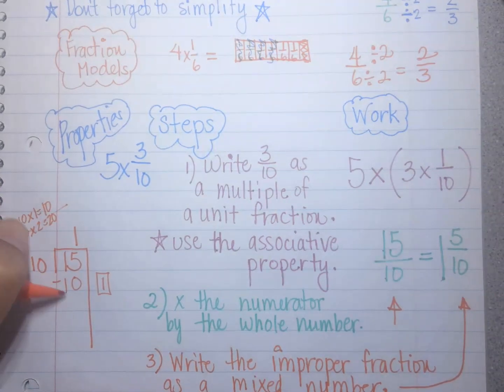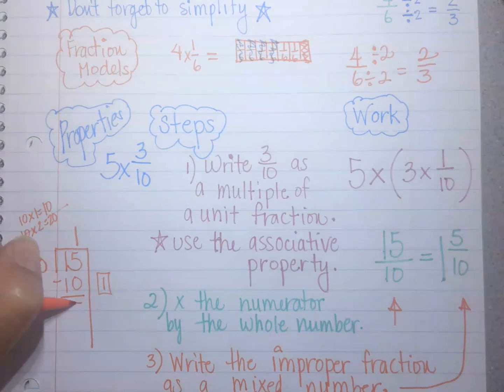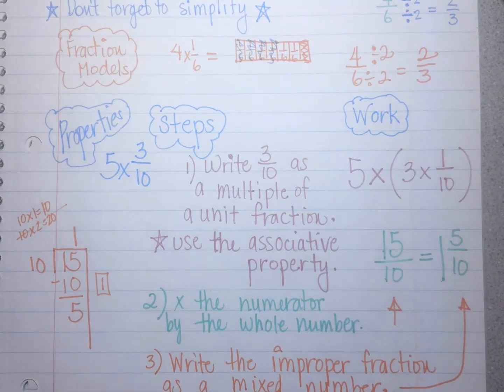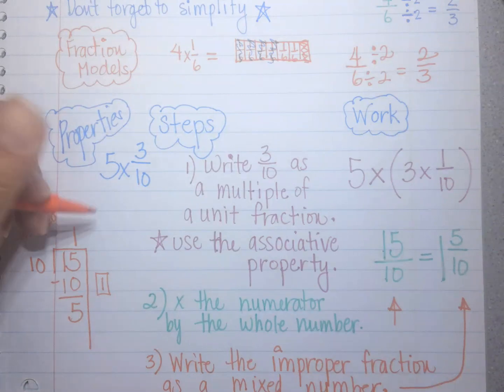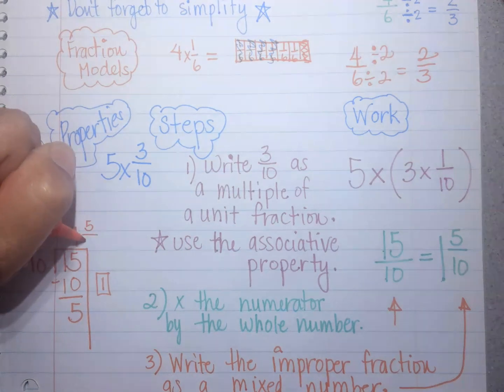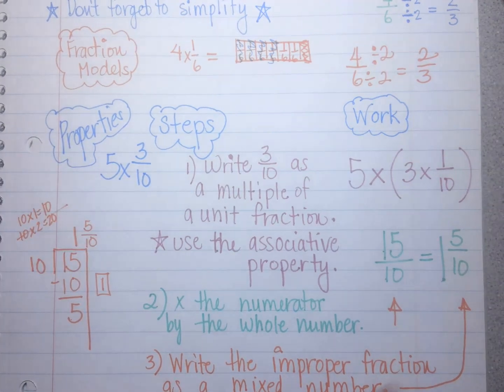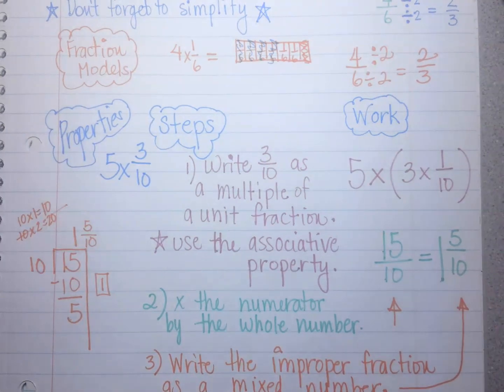Put my 1 in the ones place, subtract. See, we brought back an old friend. And now what you do with your remainder is you write it as a fraction. 1 and 5/10. That is how we made a mixed number.